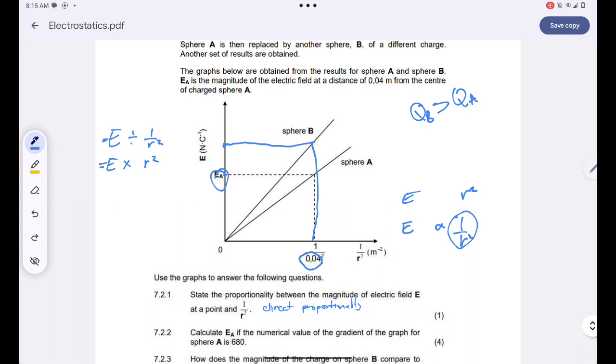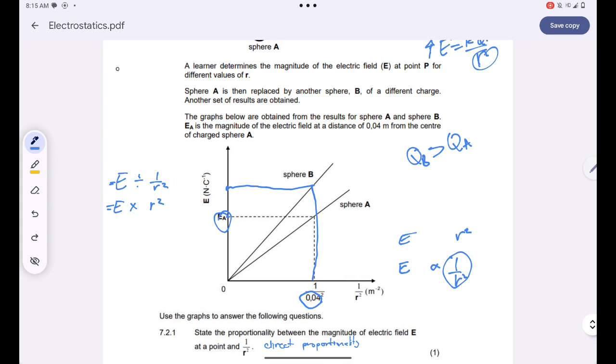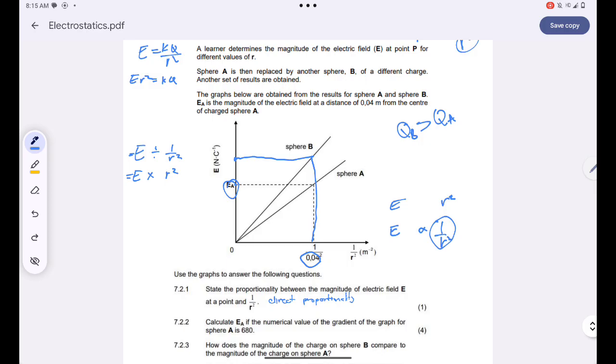E multiplied by R squared is always equal to, remember that guys, our equation is always equal to KQ over R squared. That means E times R squared is always equal to K multiplied by the charge. So if they give us the gradient, this is the magnitude of the gradient. Are you together, guys? So they are giving us the product of the constant K and the charge of sphere A. They want us to find the electric field.